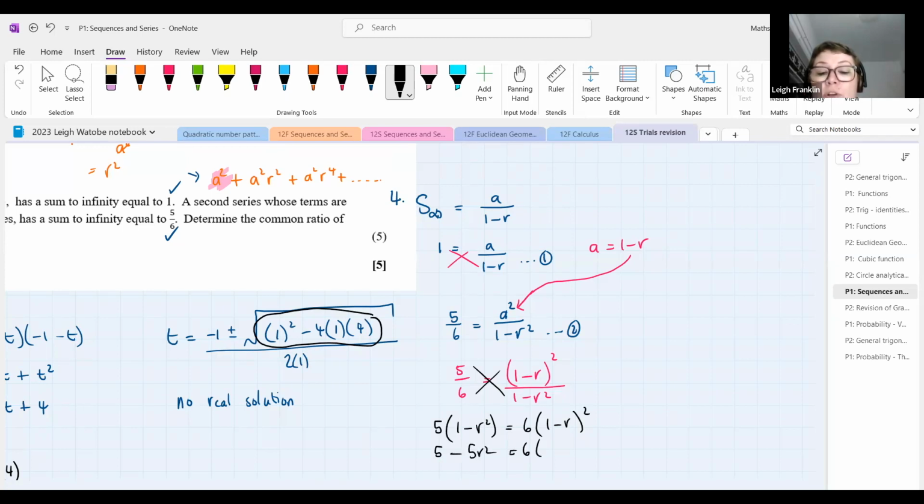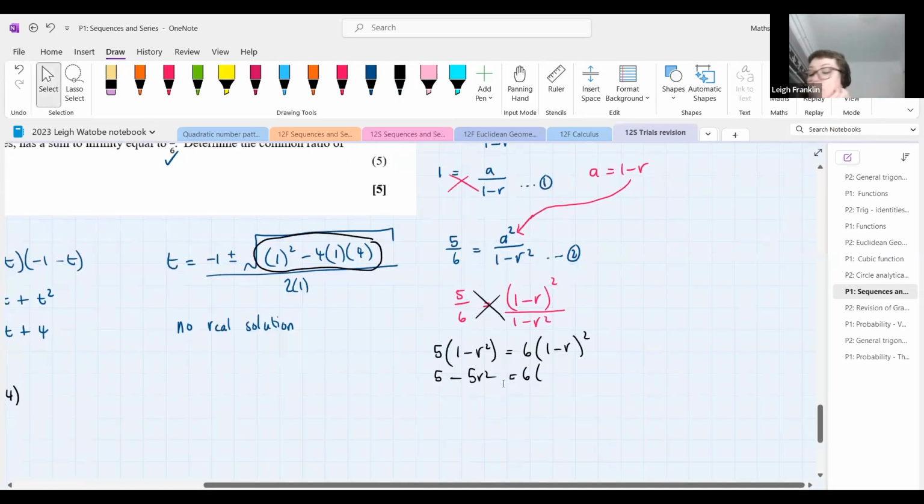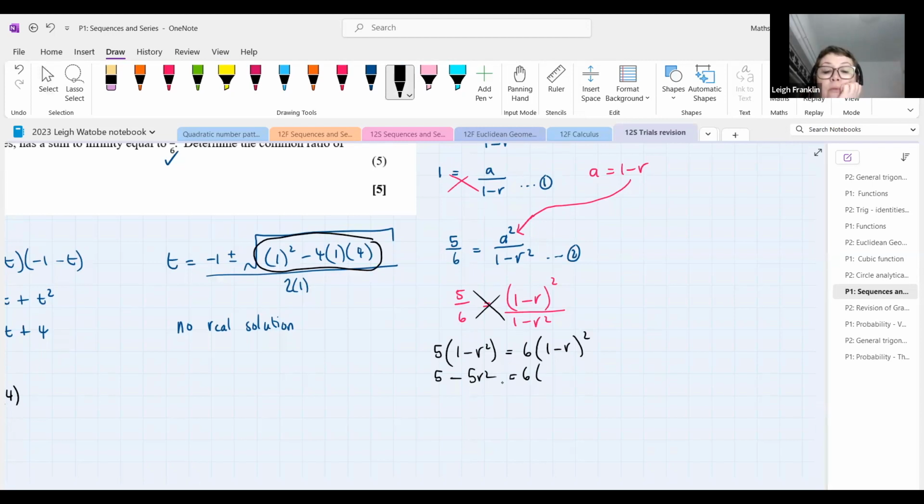And here we've got to square our binomial before we can times by 6. So when we square our binomial, we would have 1 minus 2r plus r squared. Taking away our brackets, we'd get 6 minus 12r plus 6r squared.